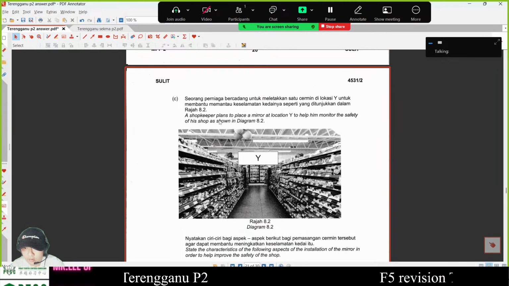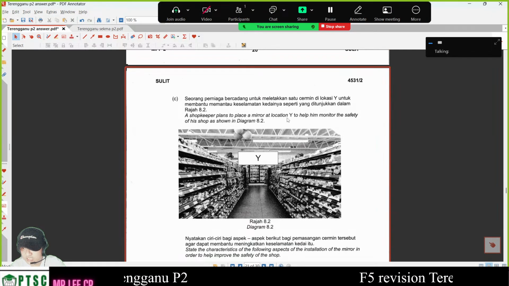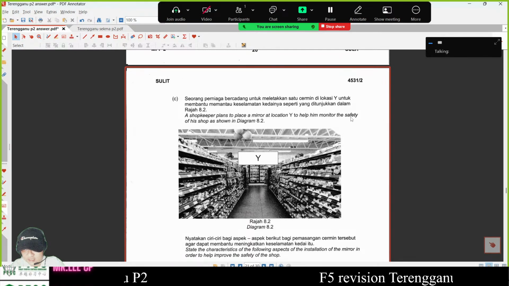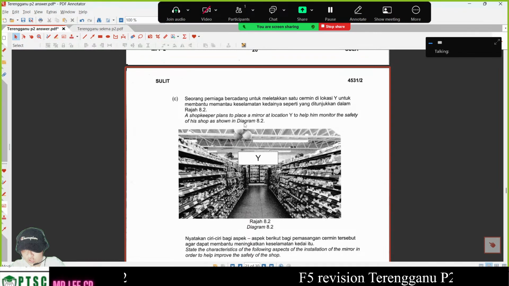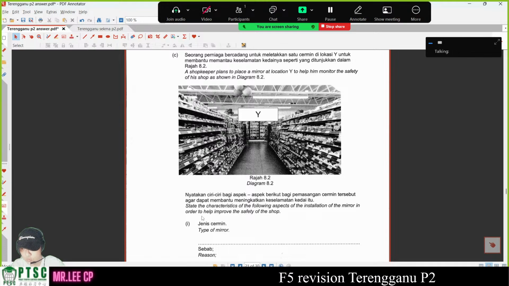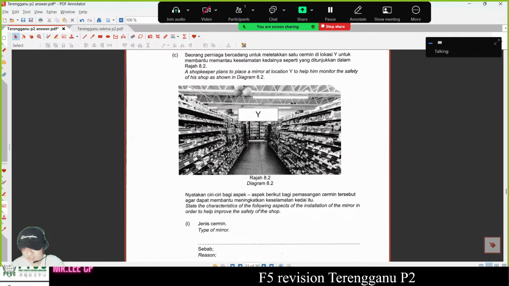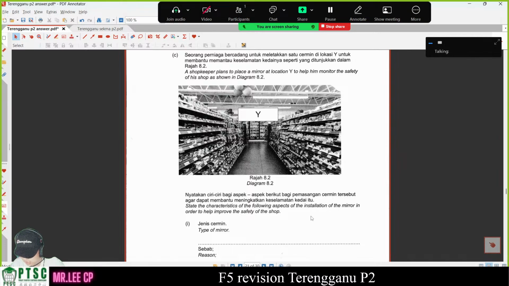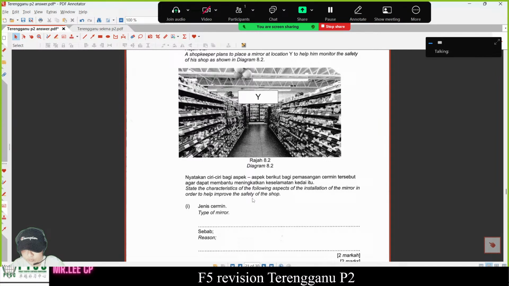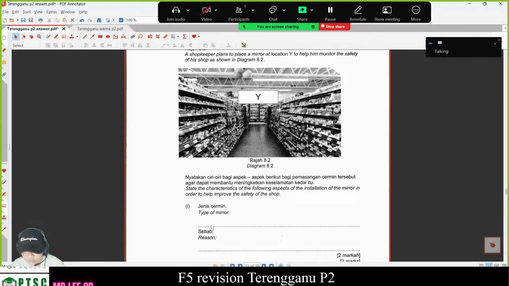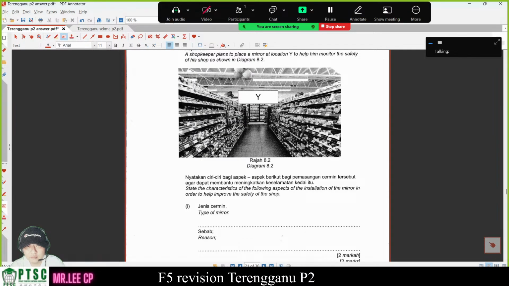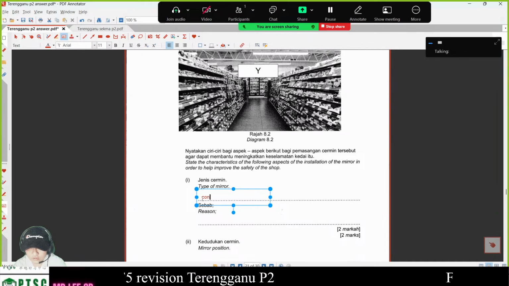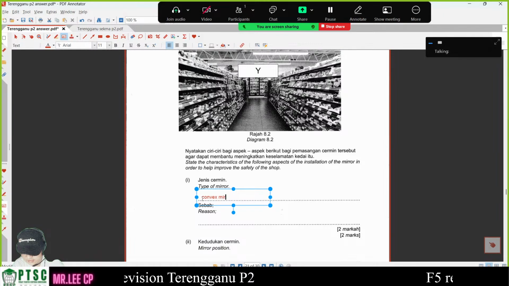Now, a shopkeeper plans to install a mirror at location Y to help him monitor the safety of his shop in diagram 8.2. State the characteristic of the following aspects of the installation of the mirror in order to improve the safety of the shop. Type of mirror: normally we use a convex mirror.